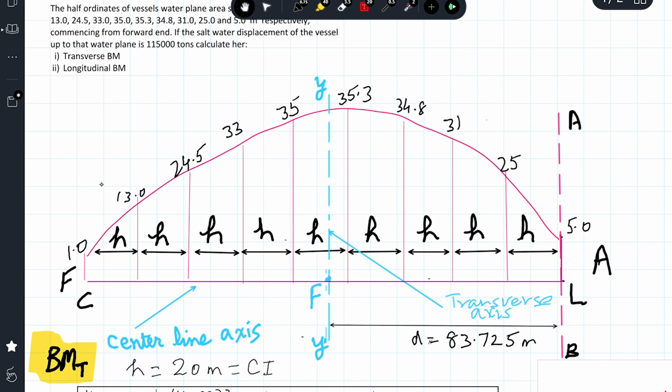So when the ordinates are perpendicular to the axis, how do we proceed with the calculation? Because we have to take moments. Moment of inertia needs an axis, and the moments are taken as a perpendicular distance. The distance, the lever, is the perpendicular distance.